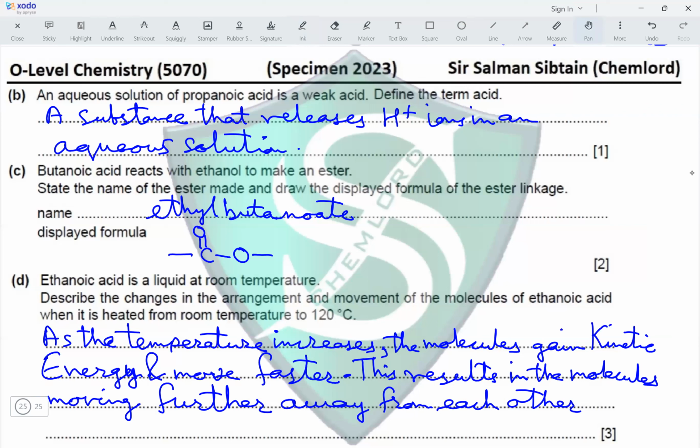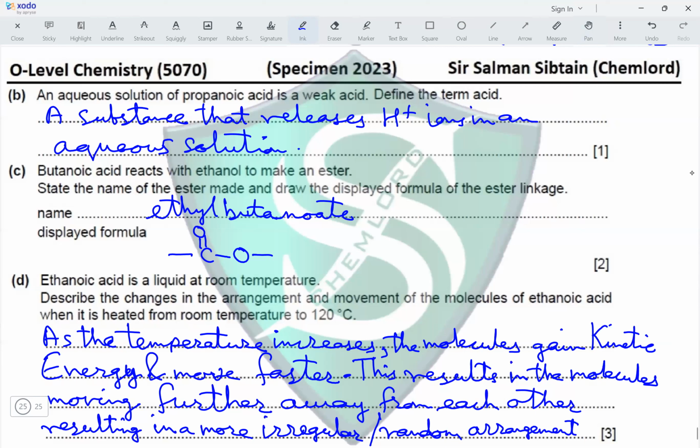Now that they are moving further away from each other, they have a more disordered arrangement or irregular arrangement or random arrangement. So, continuing this sentence, we will include resulting in a more irregular, or we can also use the term random, irregular or random arrangement of molecules.